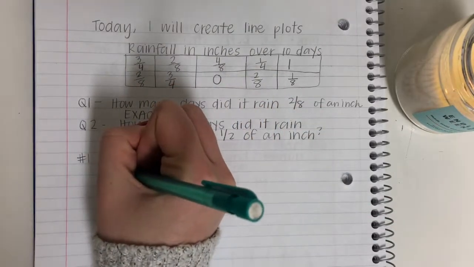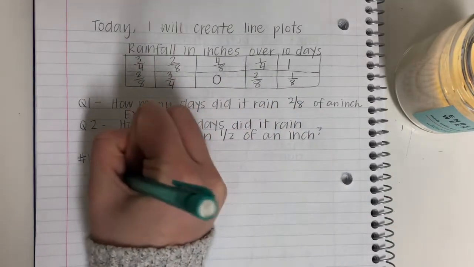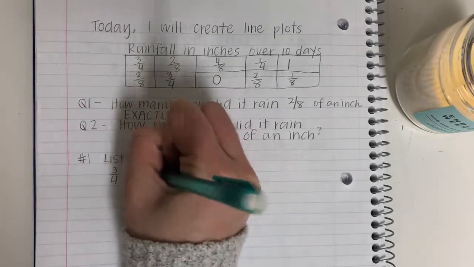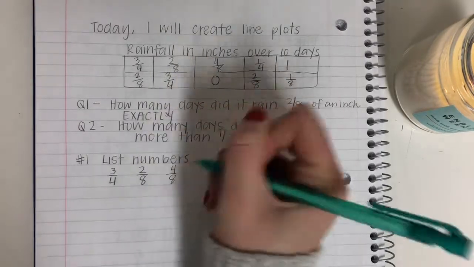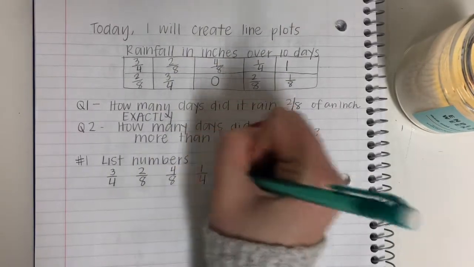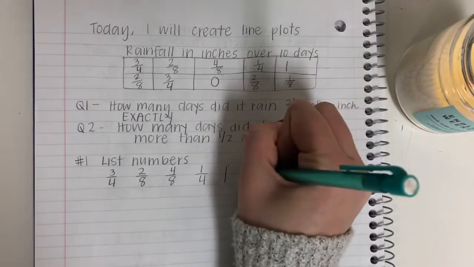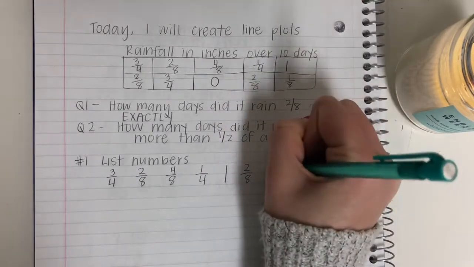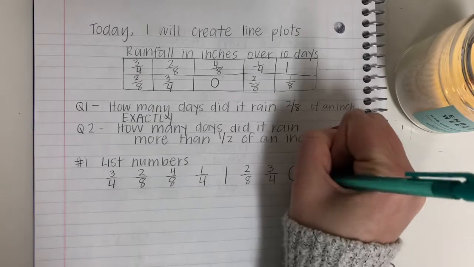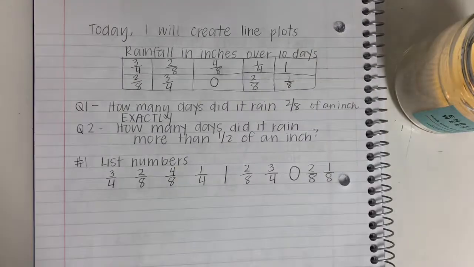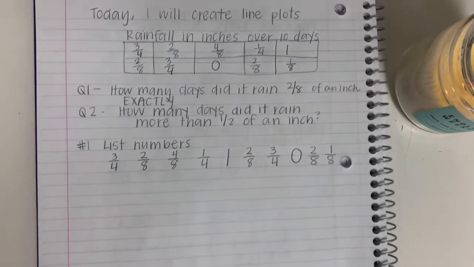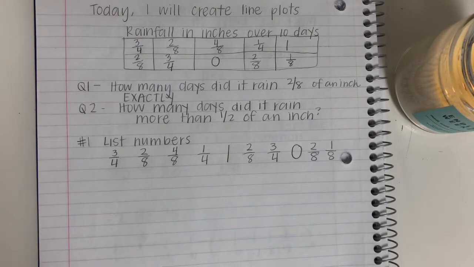So I have 3/4, 2/8, 4/8, 1/4, 1, 2/8, 3/4, 0, 2/8, 1/8.